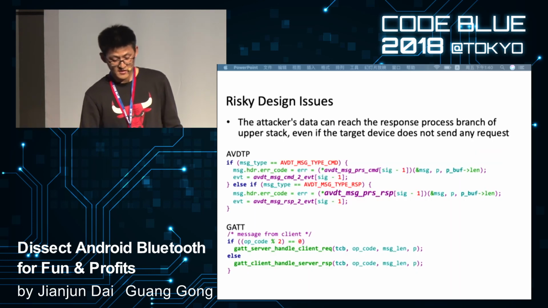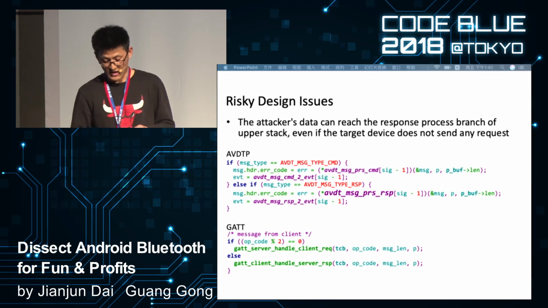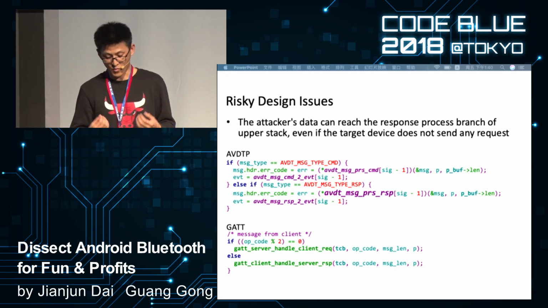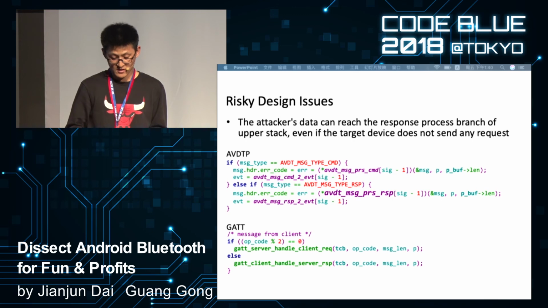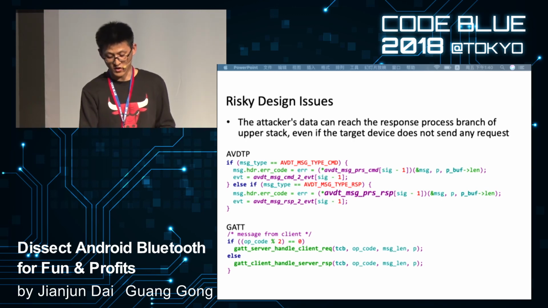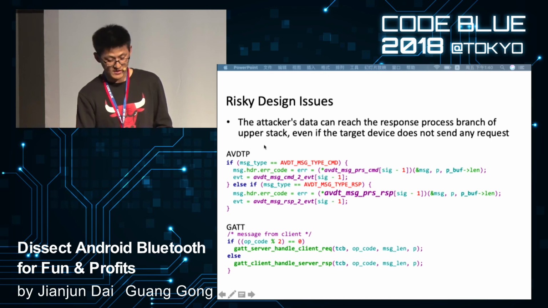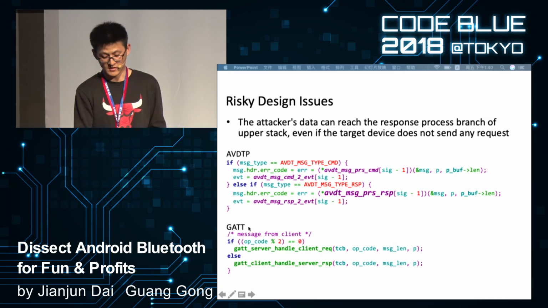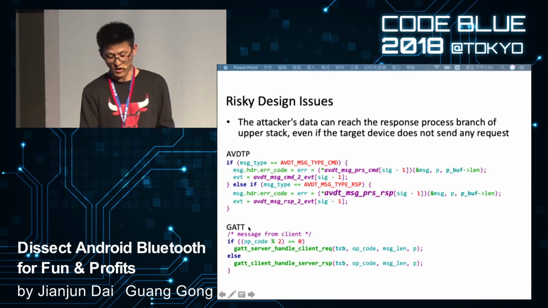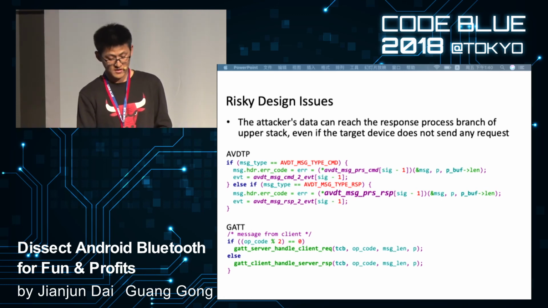Second, the attacker's state can reach the response process branch of the upper stack, even if the target device does not send any request. For example, both AVDTP and GATT have this problem. The data processing path is judged only based on the field that the attacker can control.